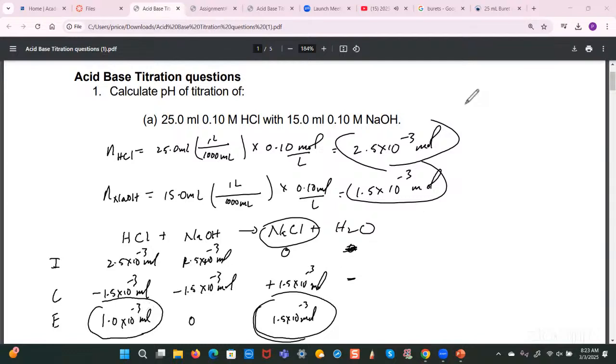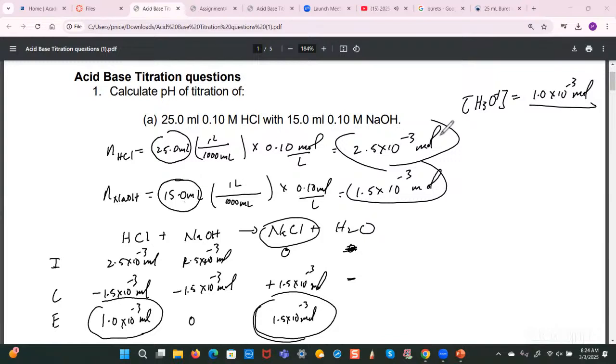So how do we find the pH? We need to find the concentration of H3O plus, right? Now the concentration of H3O plus will be based on the number of moles of the HCl, which is 1.0 times 10 to the minus 3 moles, and we divide that by the volume. So the question now is, what would be the volume of the solution? The answer is, you added 25 mL of HCl to 15 mL of sodium hydroxide, right?